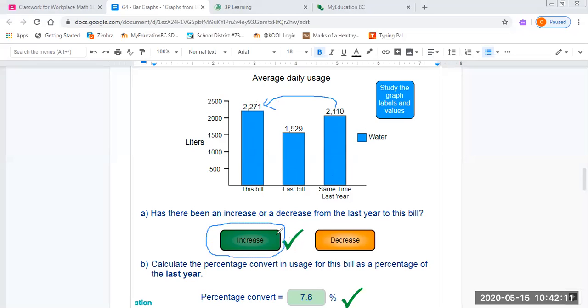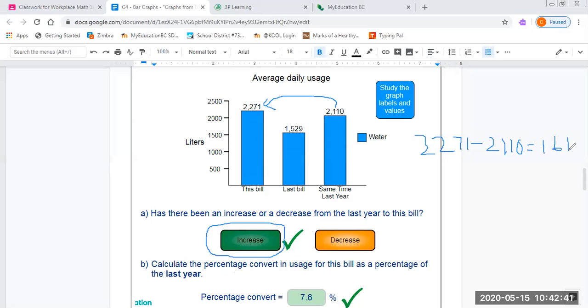Now the next part of this is a little bit more tricky. It says calculate the percentage change in usage for this bill as a percentage of last year. So what we're looking at here is the difference between these two. So what we have to do here is take 2,271, so that's the number of liters from this bill, subtract off the amount that we had last year, and so we're going to get, as the difference there, 161.